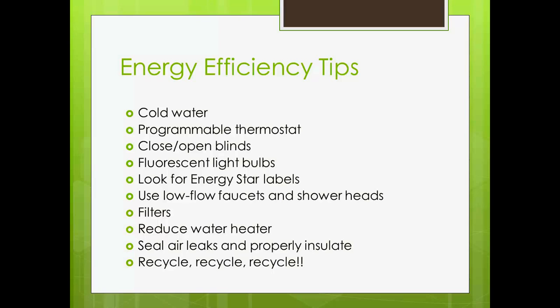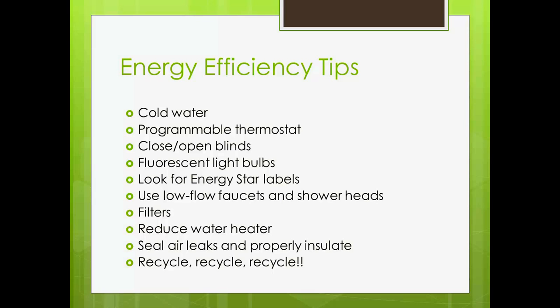Installing a programmable thermostat saves you a percentage on cooling and heating costs. Close your blinds on a sunny day to prevent the heat from coming in, and then you open them on a winter day to bring the warmth in when it's sunny and cold outside.